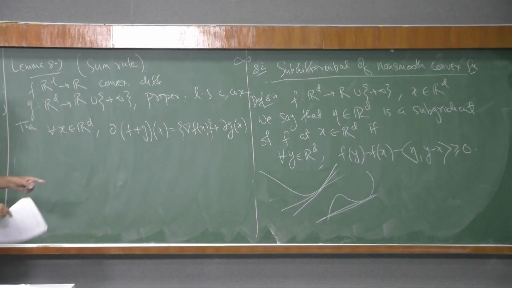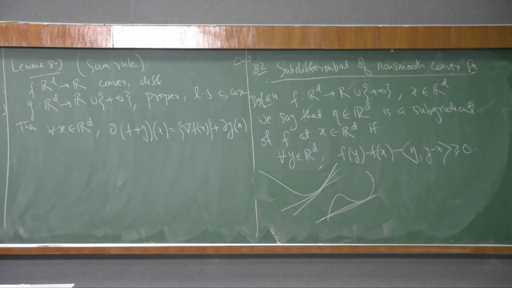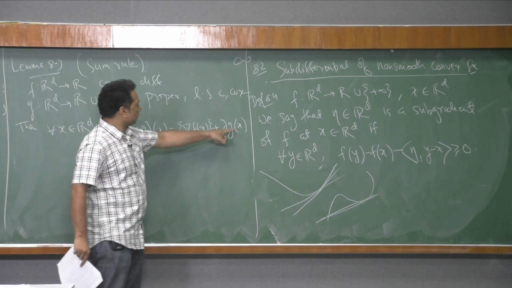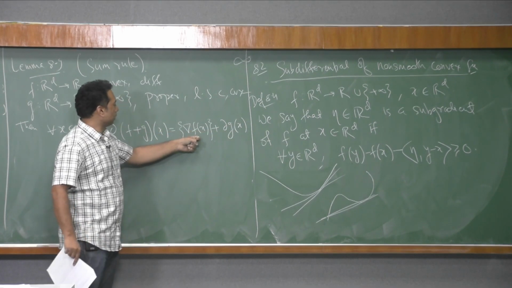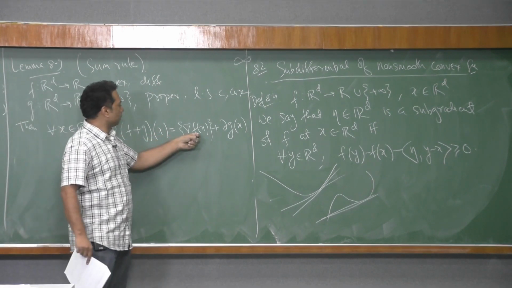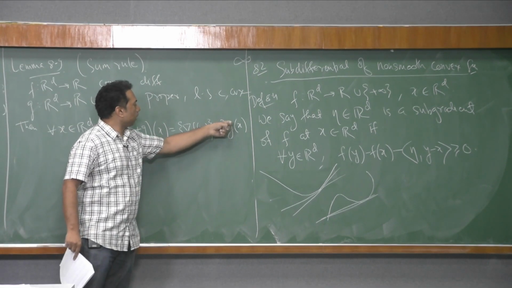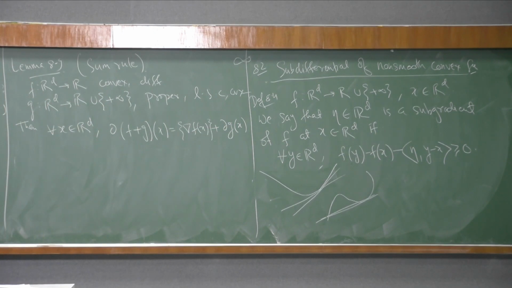This is a set sum, because g is not necessarily differentiable, so del g here could be a set. Since f is differentiable, del f(x) is unique, a single number, and it is added to each of the subgradients of g at x. So that's the set addition going on there.